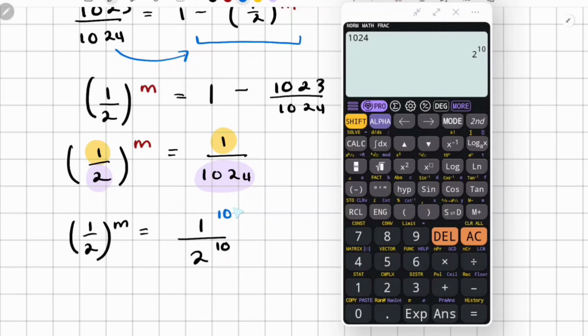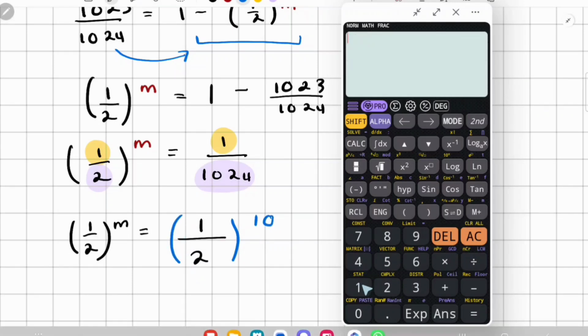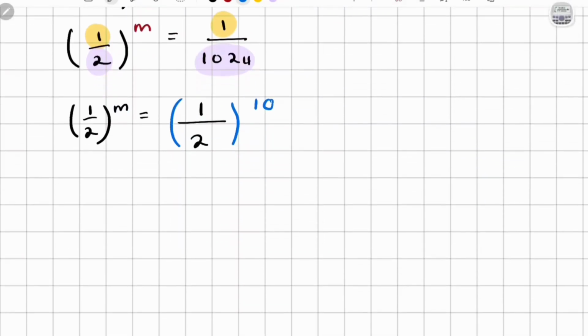So since they both have the same exponent, I can write them under a common exponent like that. You see on your calculator, if you say 1 over 2, close that bracket, and raise all of it to the power of 10, that would give you 1 over 1024. Okay, so that's how you can change that.